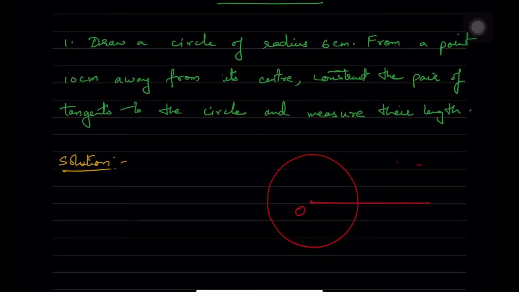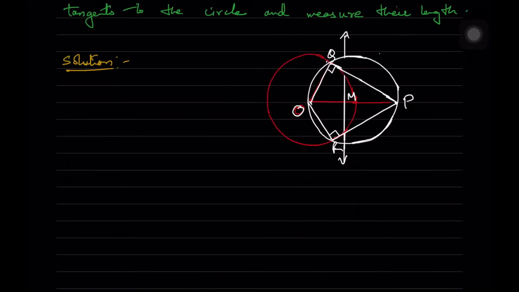So now we are drawing tangents to the circle. This is the figure which we are having. This is the construction. While writing the steps, I'll tell you how I did that.